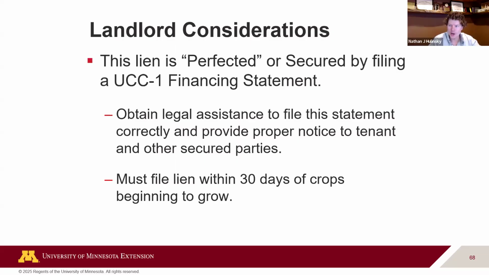You may want to get a lawyer, especially the first time you do this, and provide proper notice. You need to file this within 30 days of crops beginning to grow. So you can't file this come September 1st. Too late. You need to file this in the springtime, right when crops are planted. So it can be a good tool. I would say most farmland leases don't utilize this UCC1 financing statement, but I have talked with multiple landowners who file this every year just for peace of mind.